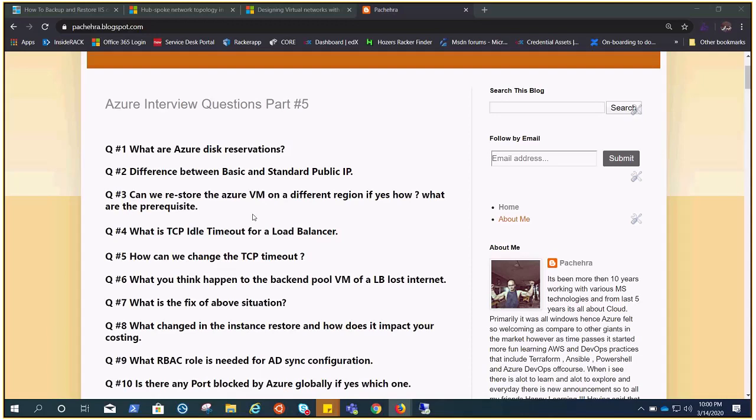But for now, for the interview practice, we can simply say Azure has always been providing the basic public IP addresses, until the SKU was introduced where we got standard public IP. Standard public IP is compatible with the standard load balancer. That's why we have the standard public IP, because we cannot use basic IP with the standard load balancers.